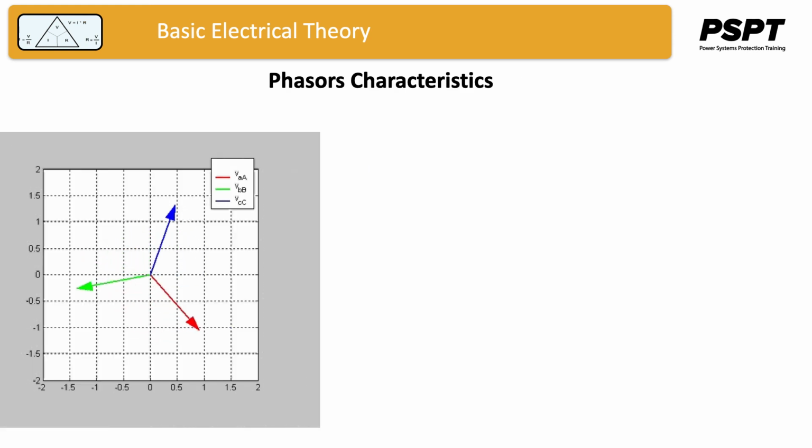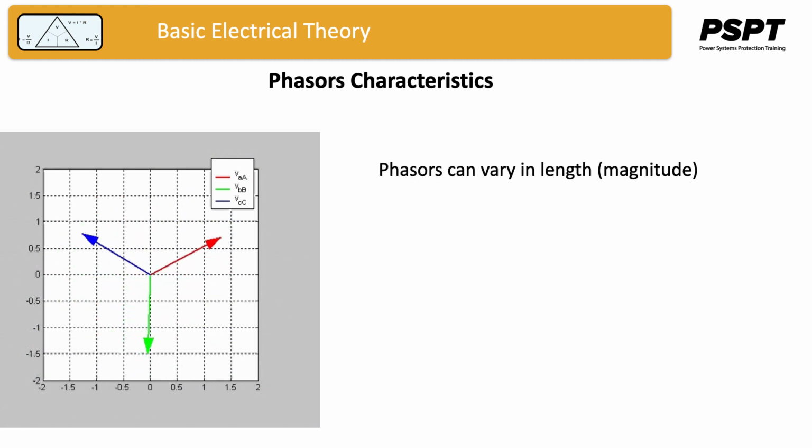So let's list some of the characteristics of a phasor, and we will go on to develop how to analyze and calculate phasors. But for now, let's just talk about some of the characteristics of a phasor. A phasor can vary in length, which is equivalent to the phasor magnitude, which could be the AC current or voltage magnitude, RMS value, peak to peak value.